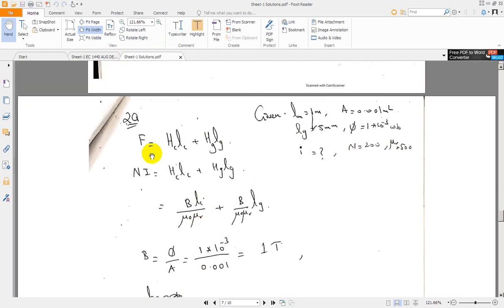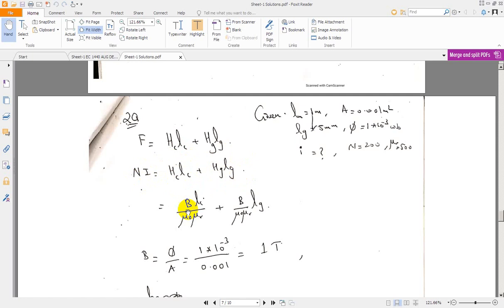So, F is equal to H into Lc plus Hg into Lg. Core and air gap are the two materials we have in the magnetic circuit. This magnetomotive force will be equal to number of turns into current, which equals Hc into Lc of the core plus Hg into Lg of the air gap.